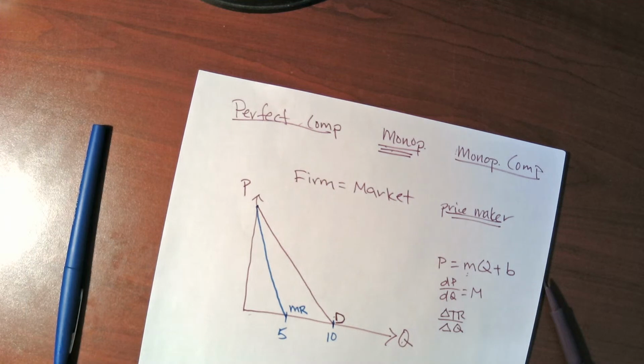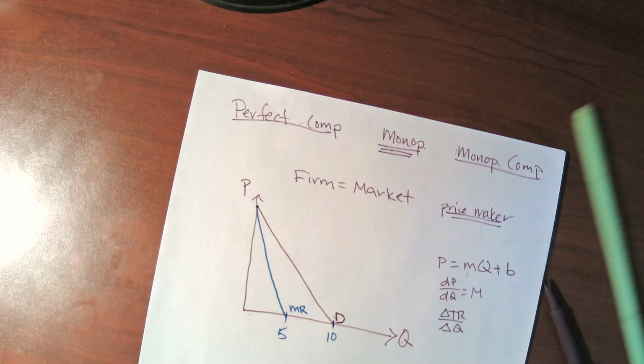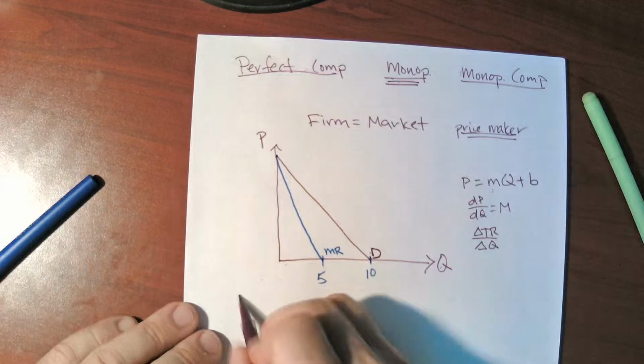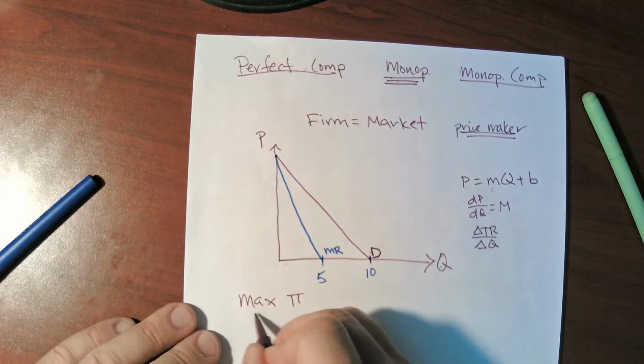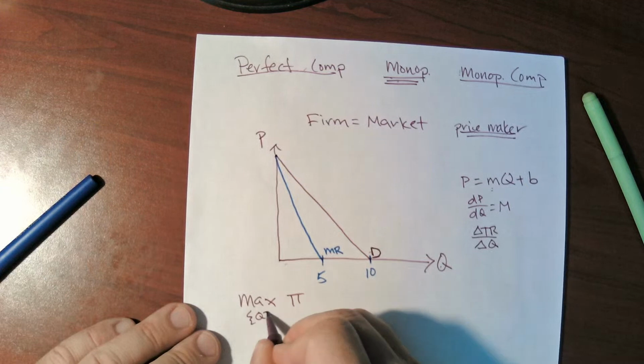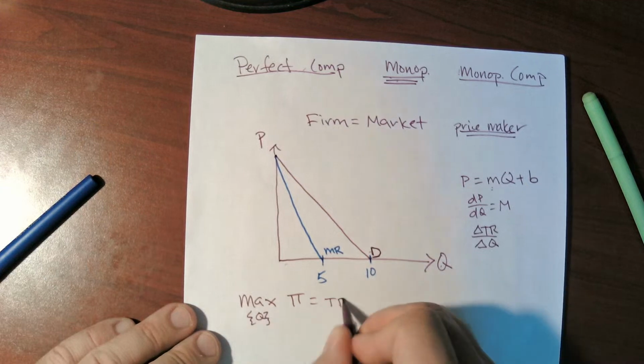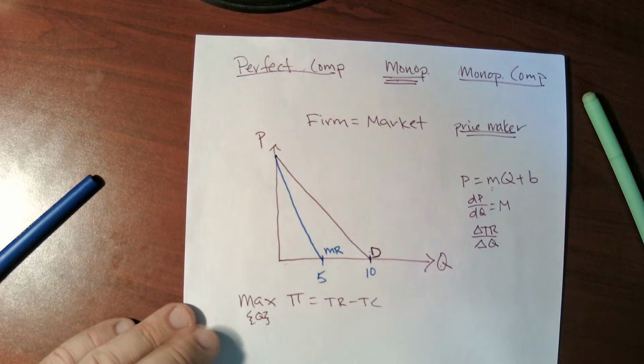So remember, the story is that firms are here to maximize profit by choosing a Q, and profit is equal to total revenue minus total cost.